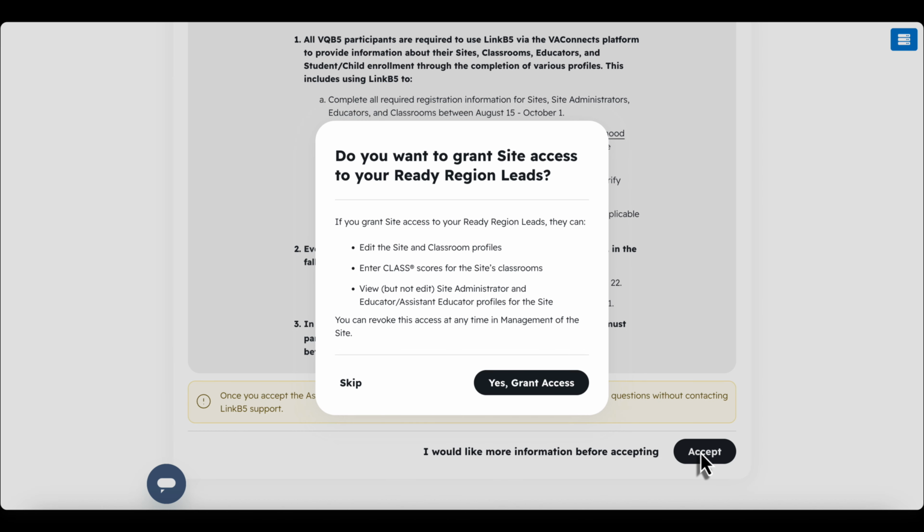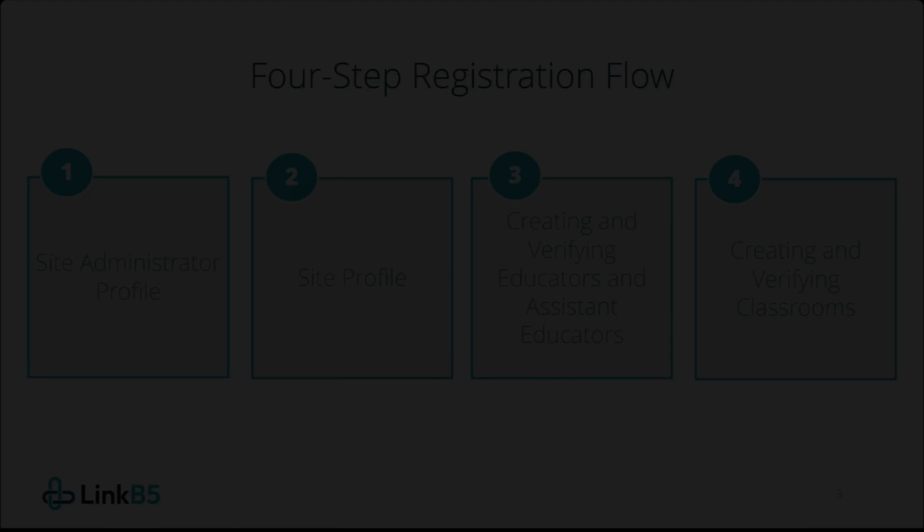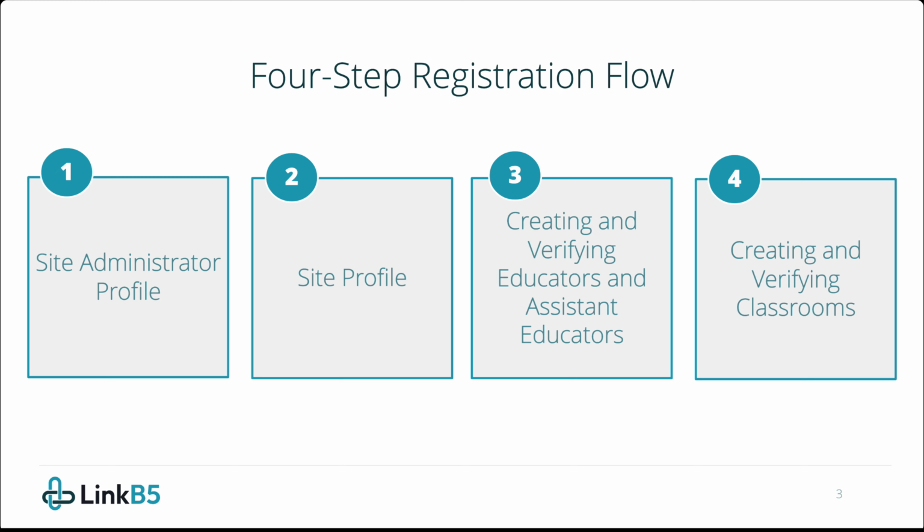If you have not previously granted site access to your Ready Region lead, a pop-up will appear. Review the information and click Yes, Grant Access, or Skip. You are now ready to begin the 4-step registration flow.